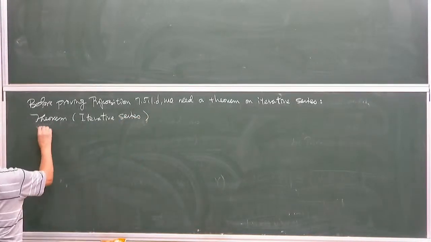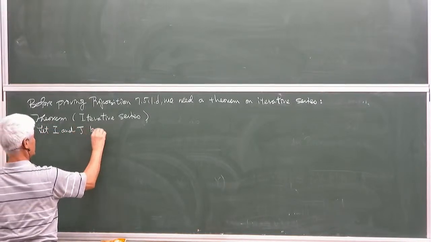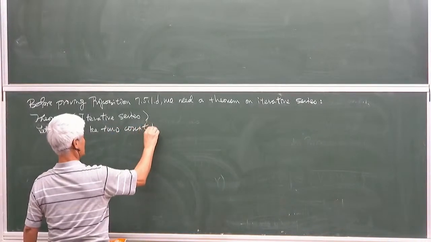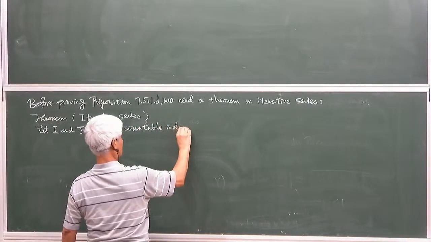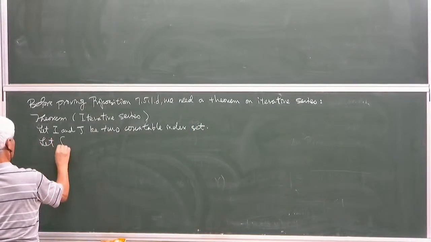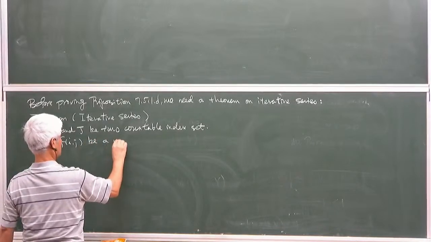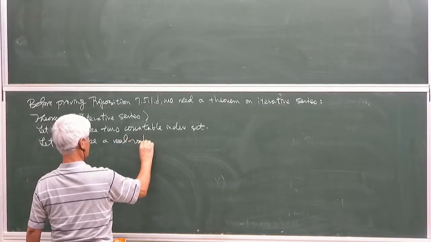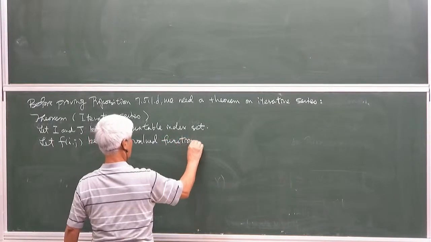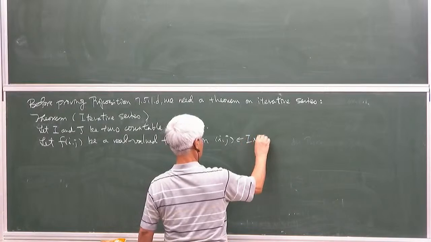Let I and J be two countable index sets. Let f_ij be a real valued function on the pairs in the Cartesian product.